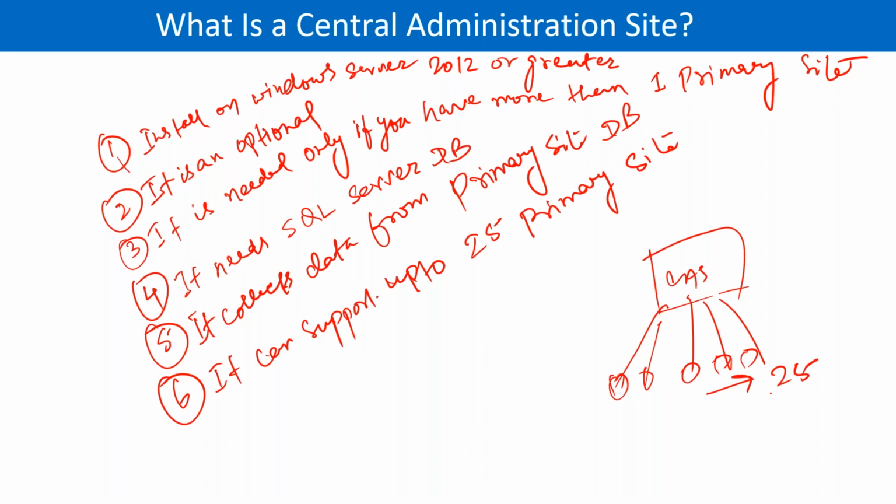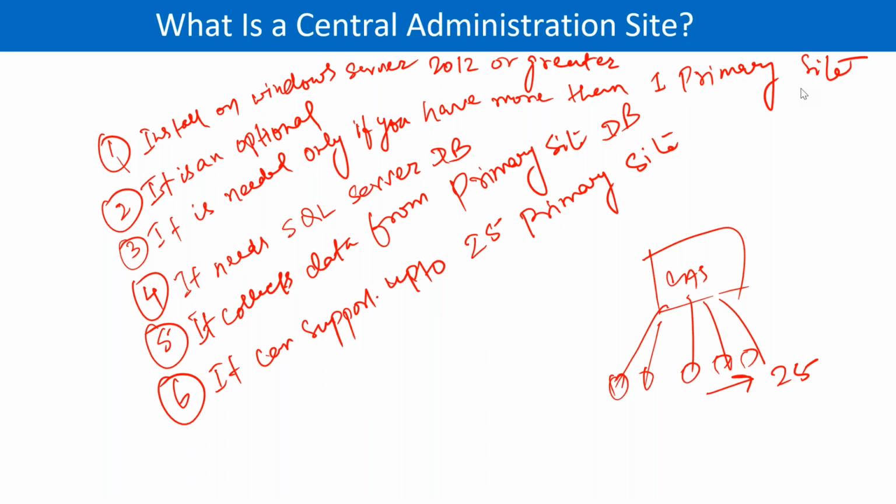Kasif, I have a question. When we have secondary servers with a database, does the primary also generate some data, or does it get data from secondary? It gets data from secondary as well.